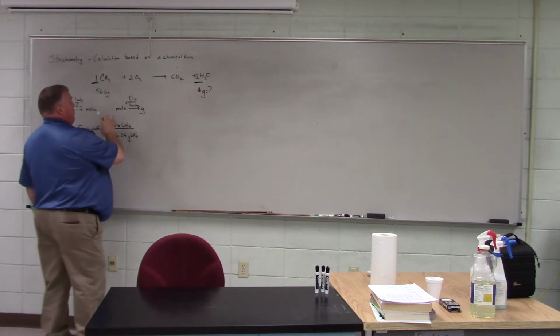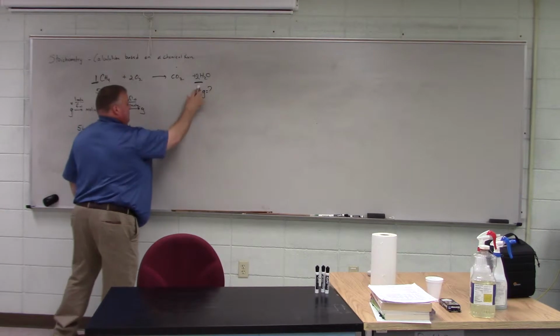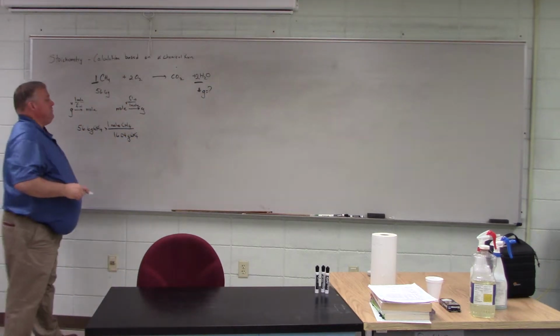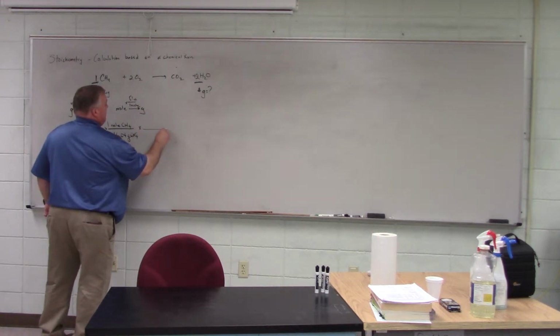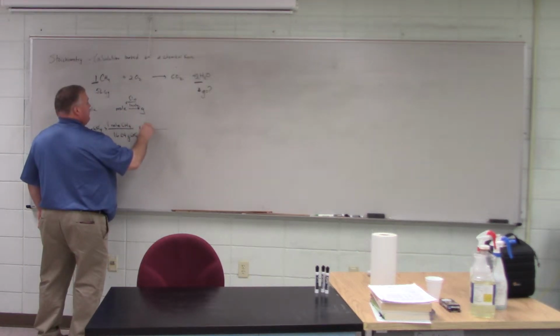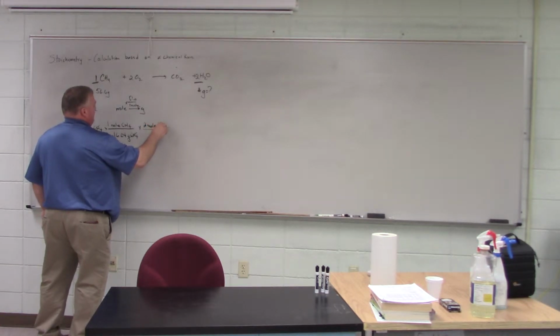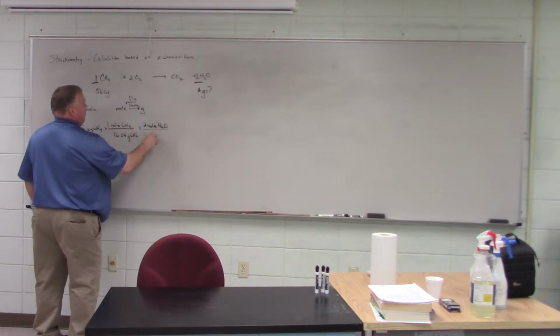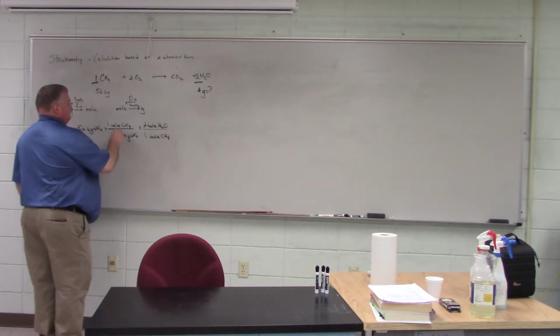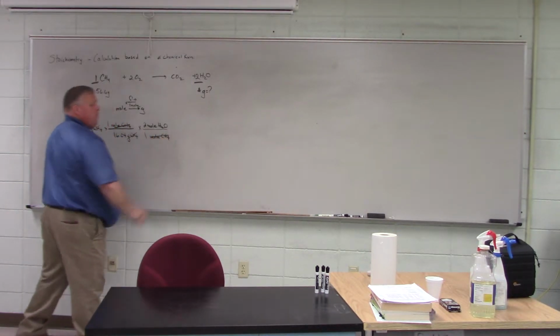So, if we want to convert from grams of this to grams of this, we have to have some type of conversion, which comes from our balanced equation. And this is called our equation conversion. There are 2 moles of H2O for every 1 mole of CH4. So moles of CH4 cancel.